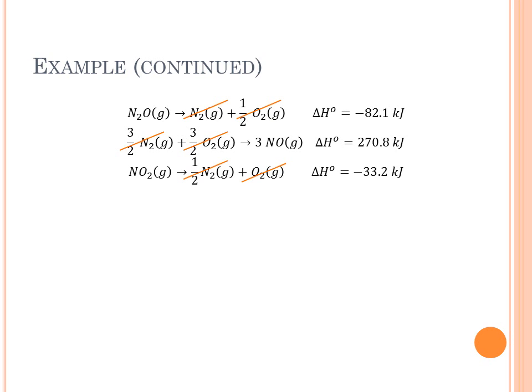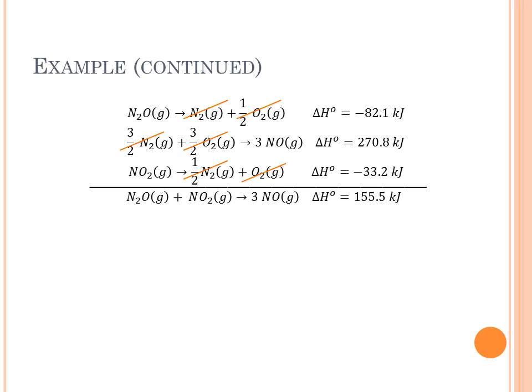Add those reactions together and their corresponding enthalpies, and we get N2O plus NO2 reacting to form 3NO with a net standard enthalpy of 155.5 kilojoules. Again, that would be the same as if we'd done it in one step versus all these individual steps.